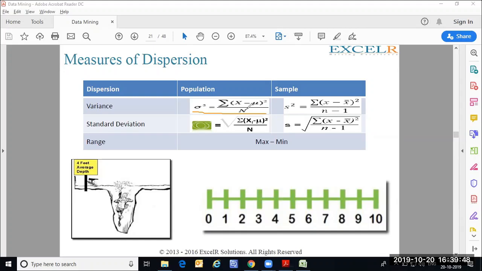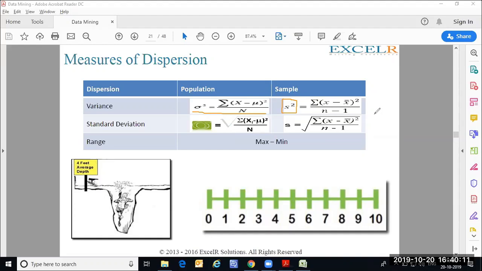Now, what is the sample variance? We represent the sample variance by S square. S square is equal to summation of x minus x bar whole square. What is x bar? Sample mean, right? We represent the sample mean by x bar.